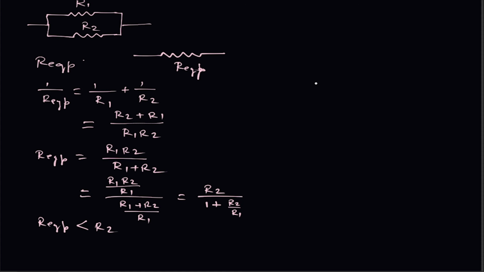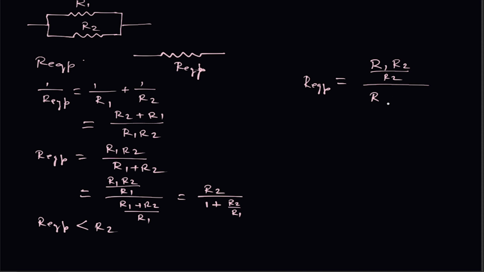Similarly, we can write the equation for R equivalent P again and divide by R2. Previously we divided by R1, here we will divide by R2. So it will be R1 R2 divided by R2, and the denominator is also divided by R2, because if the numerator is divided by R2, the denominator should be divided by R2, otherwise its value will be different.